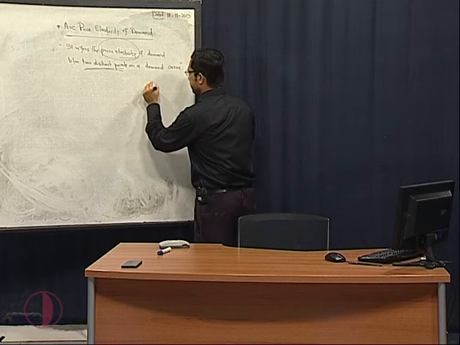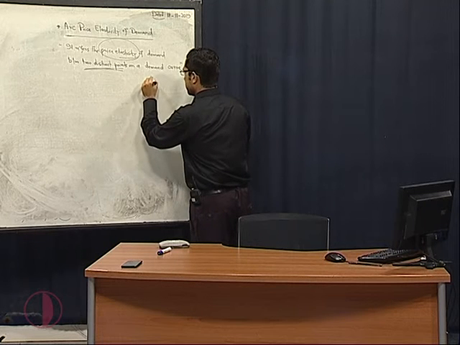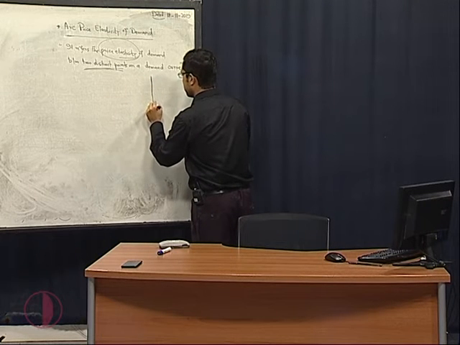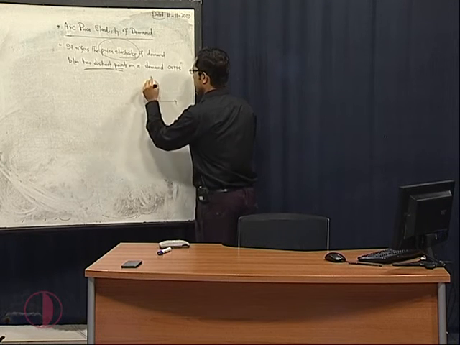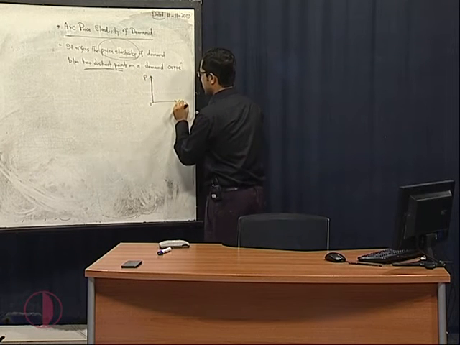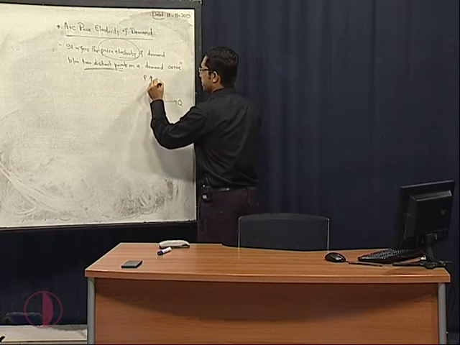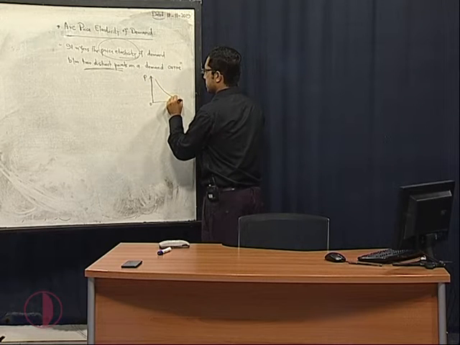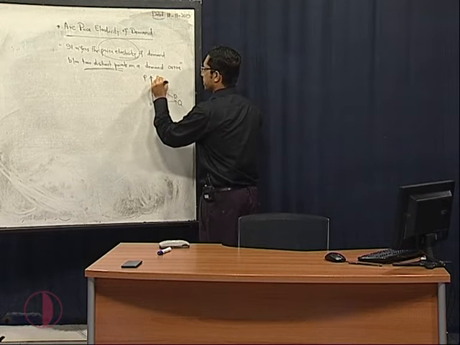For example, this is a demand curve. This is price in dollars, and suppose this is quantity. This is the demand curve DD.